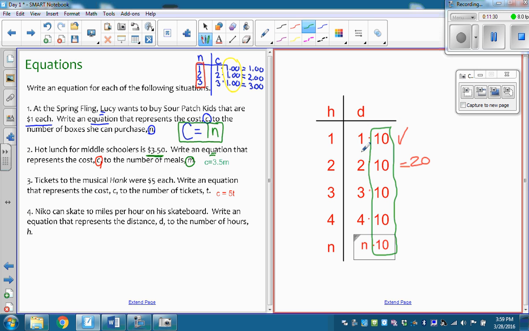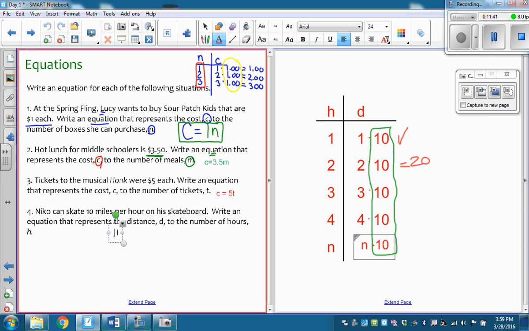And this number changes. And so our equation that we're going to write is the distance is equal to 10 because it's in every single one of those problems.